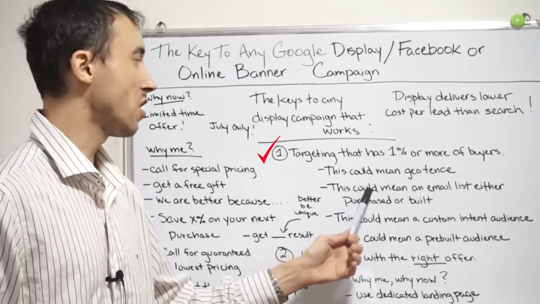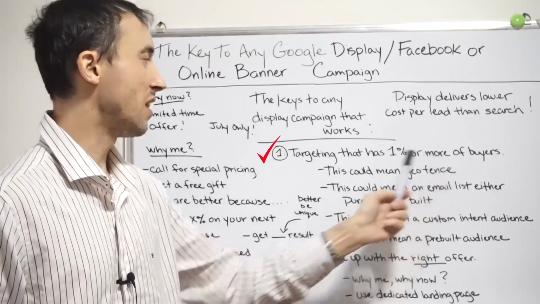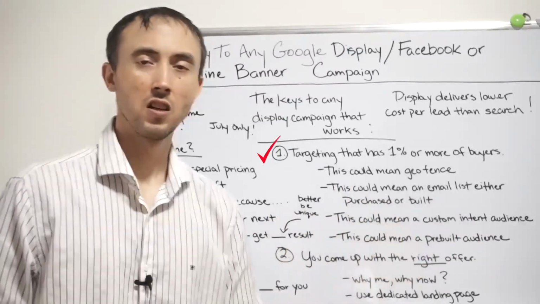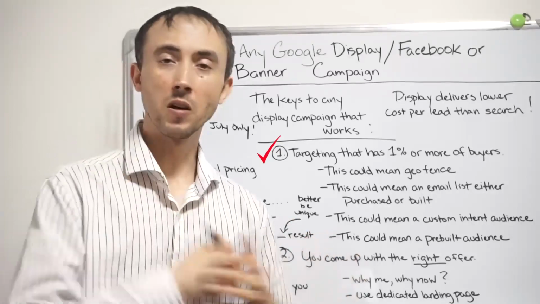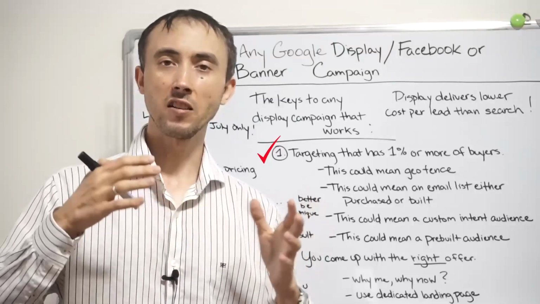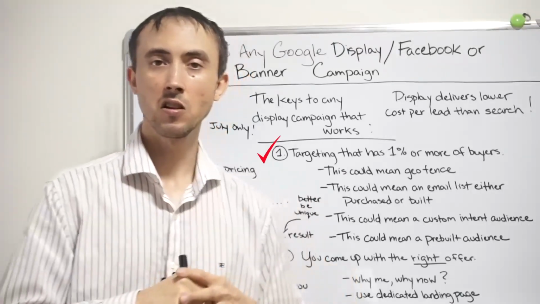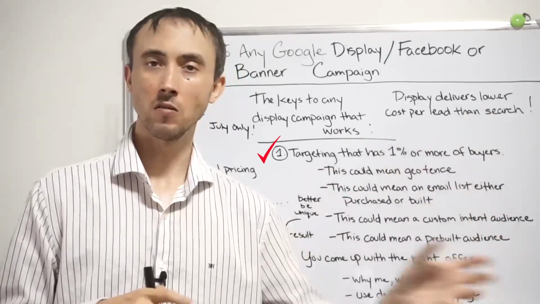Number 2, you could use an email list, either purchased or built. So what this means is, if you were targeting like what we had before, we were targeting selling a specific cleaning solution to different warehouses and stuff where they have to clean.